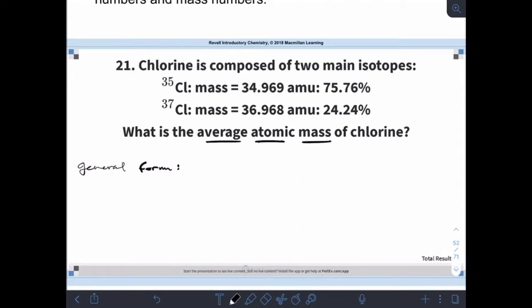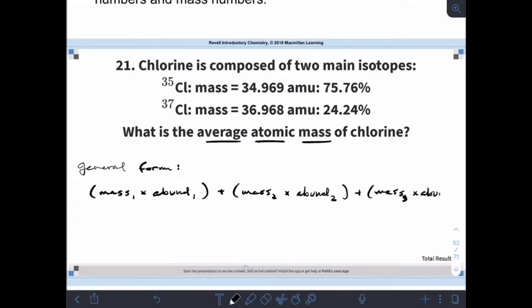The way this works is that for however many isotopes you have, you'll take the mass of, let's say, the first isotope, isotope 1, times its abundance, plus the mass of isotope 2 times its abundance, plus the mass of isotope 3 times its abundance, for however many isotopes you have.